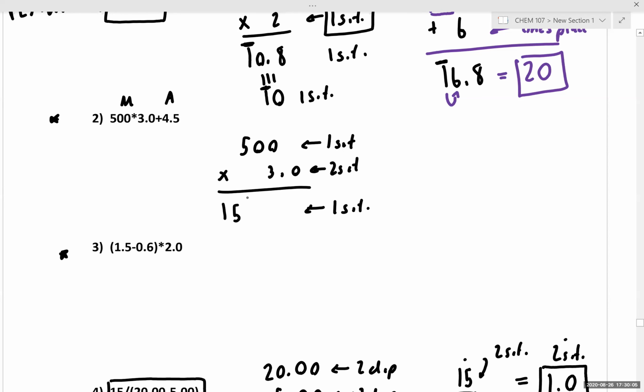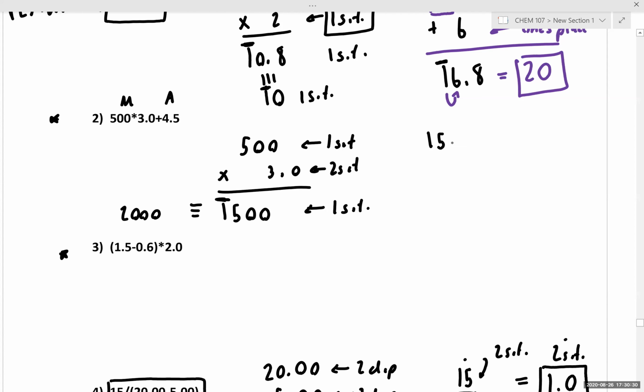So we write out our answer as 1,500 and we put a bar over the 1. This 1,500 is functionally identical to 2,000 in terms of significant figures, but we carry through all of our digits before rounding. We only round at the end of our calculation.